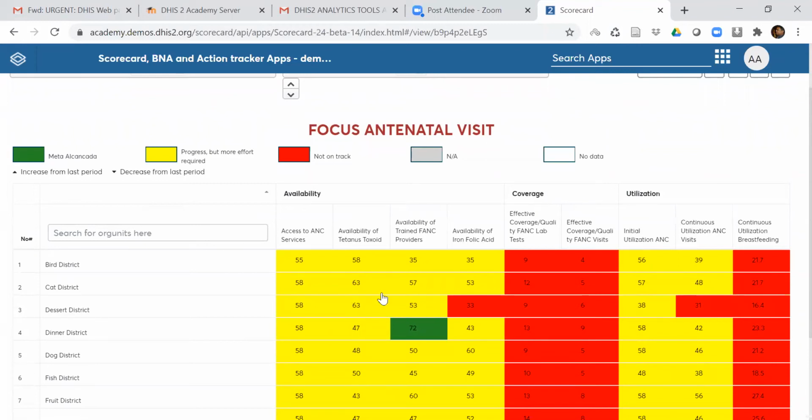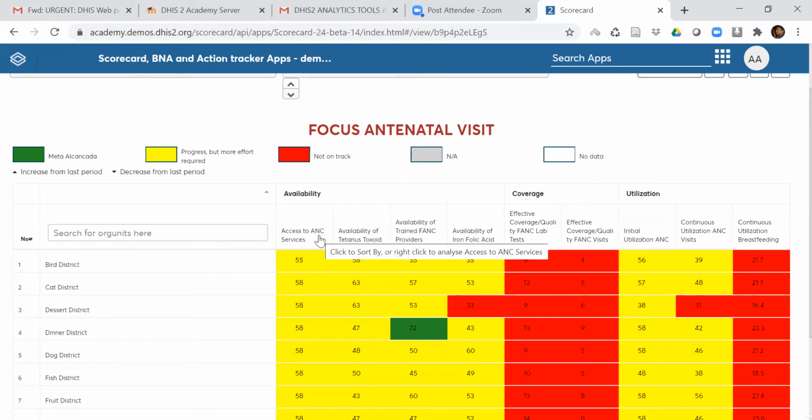Just for an example, there's access to ANC services. You can define some related indicators which have some relationship to this specific indicator. That means when you are assessing this access to ANC services indicator, there are some contributory things you have to consider.